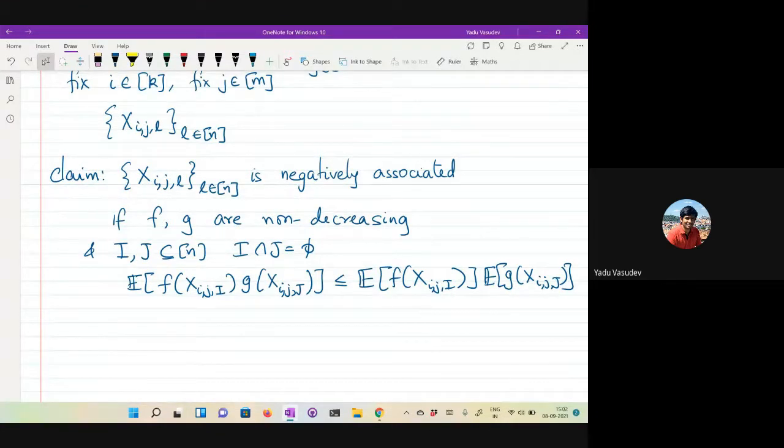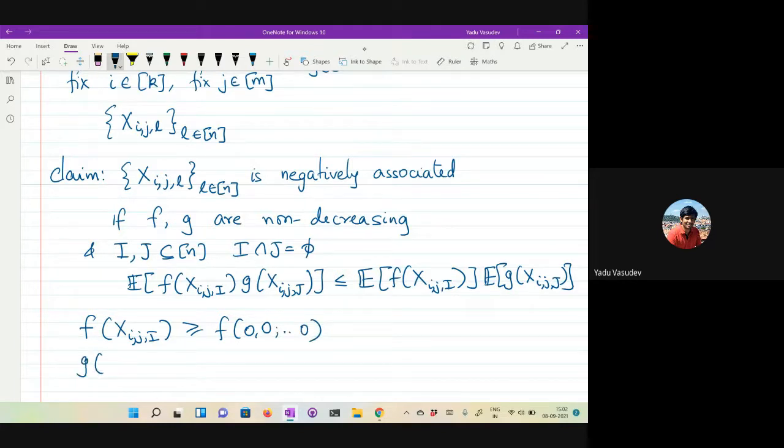So notice that f and g are non-decreasing, and the x_ijl's are what sort of functions? They are 0-1 random variables. They take either 0 or 1. So notice that f of x i j capital I is definitely greater than or equal to f with 0 everywhere, because it is non-decreasing.